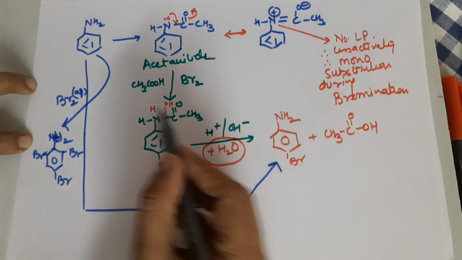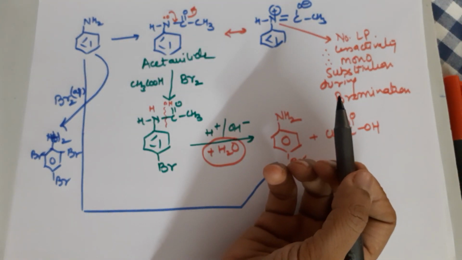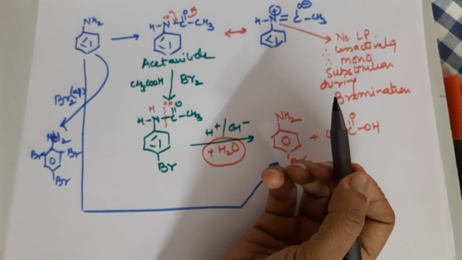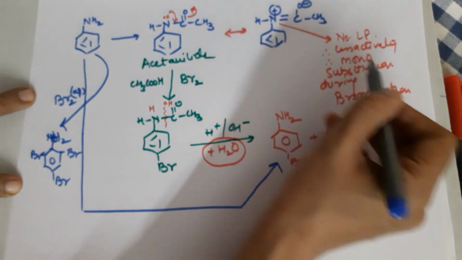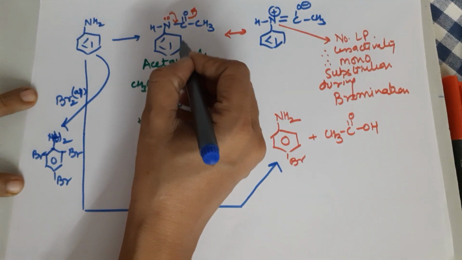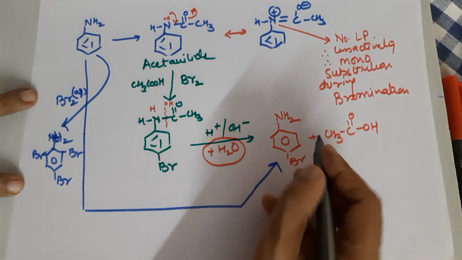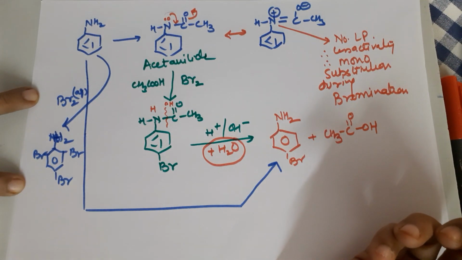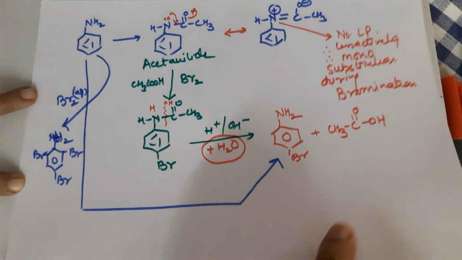So for a single bromo, the agenda was to protect the lone pair, utilize the lone pair in the resonance so that the availability is less, and hence it becomes less activating, so the benzene ring is less electron rich, hence only a single bromine attacks to give you para-bromo aniline. Fine, that was the bromination of aniline.